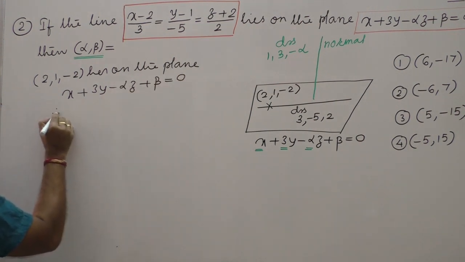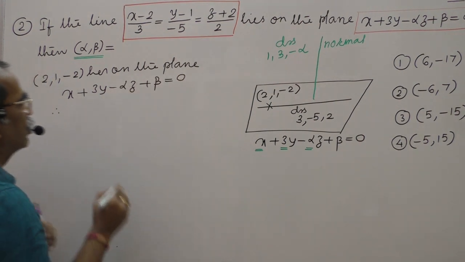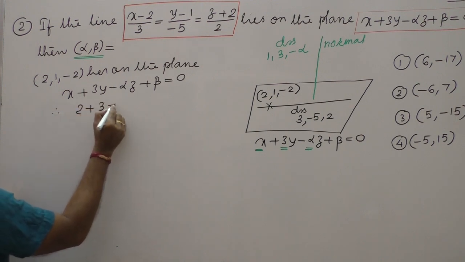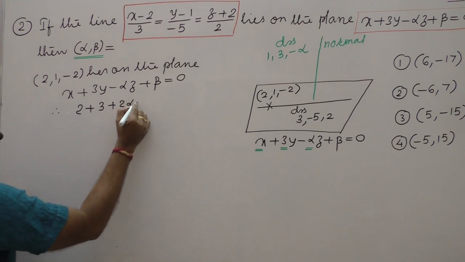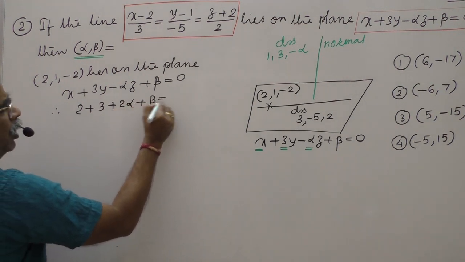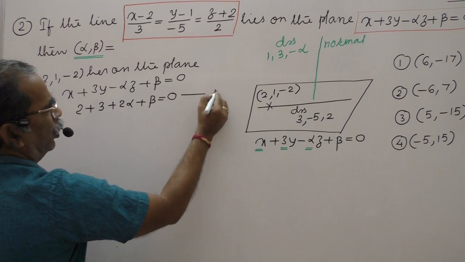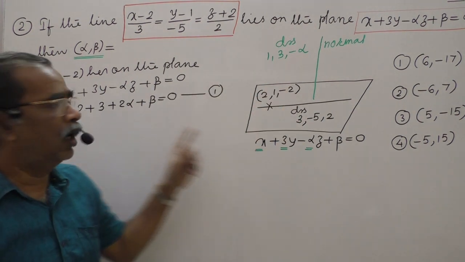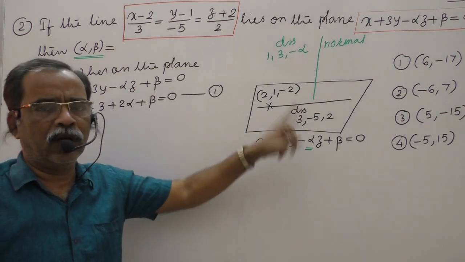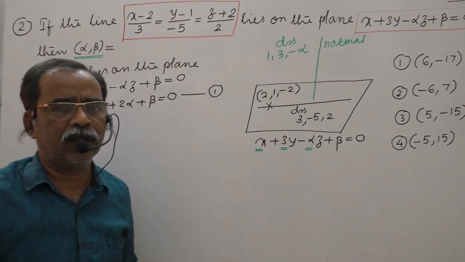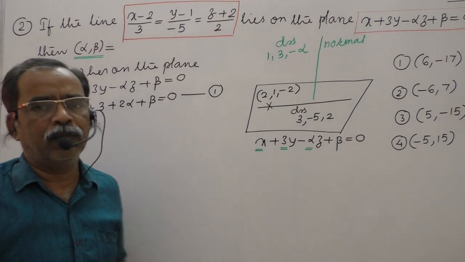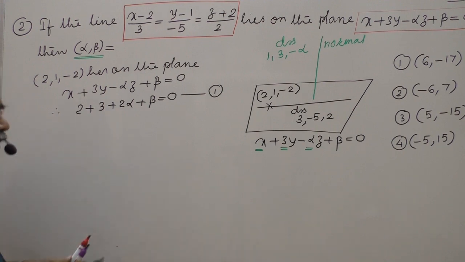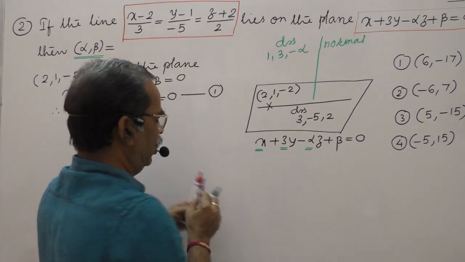A point lying on a plane has to satisfy it. Substituting: 2 plus 3 minus into minus plus 2 alpha plus beta equal to 0. We obtained an equation. Since it is objective, after getting one equation, you can verify the options. If only one option satisfies this, that itself is the answer.